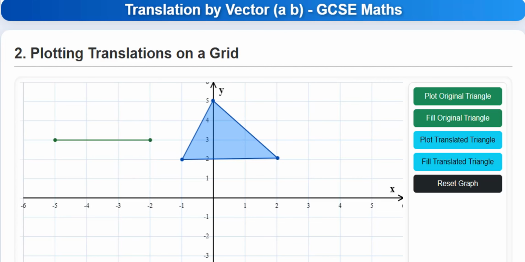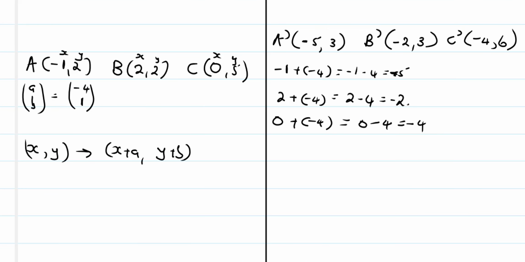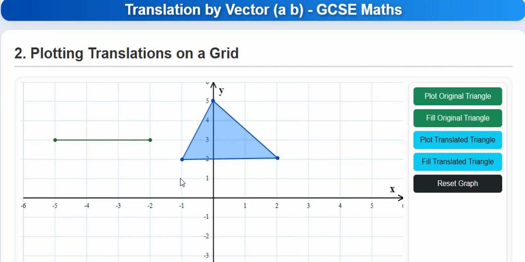So like this. Then we go again to the last one, which is -4, 6. -4, and then we have 6 somewhere here. And that becomes the translated triangle. So that's how we go about translating figures using a translation vector.